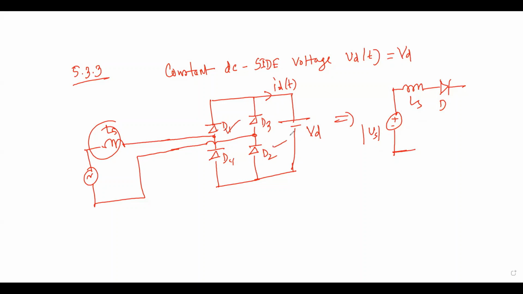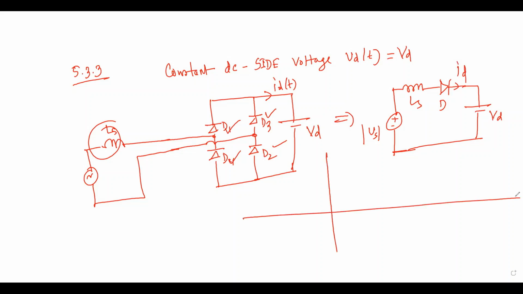D1 and D2 will conduct for the positive half cycle, and D3 and D4 will conduct for the negative half cycle. Now this is the load side, and this is your VD, and the current will be your ID.